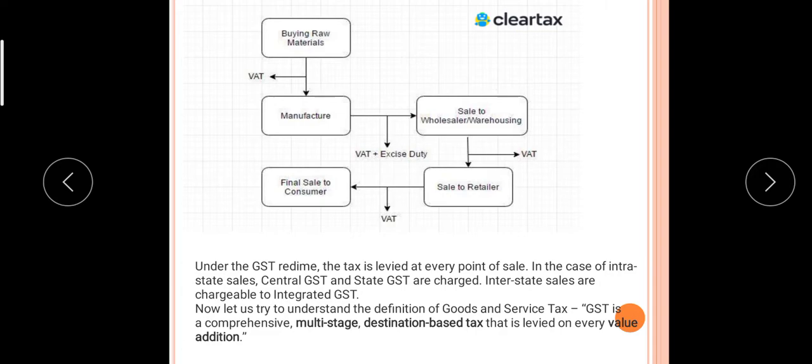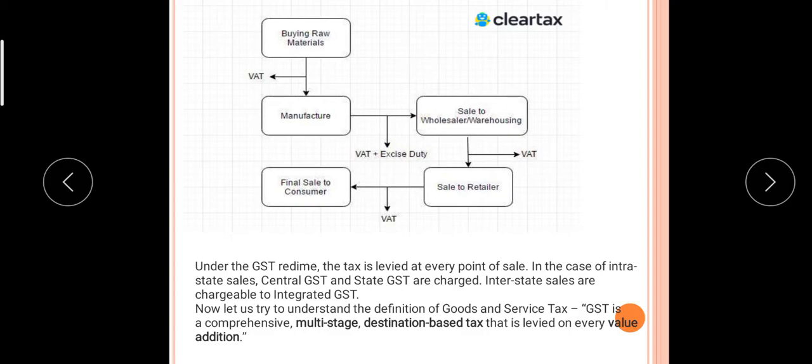Under the GST regime, tax is levied at every point of sale. In case of intrastate sale, central GST and state GST are charged. Intra means within a state.